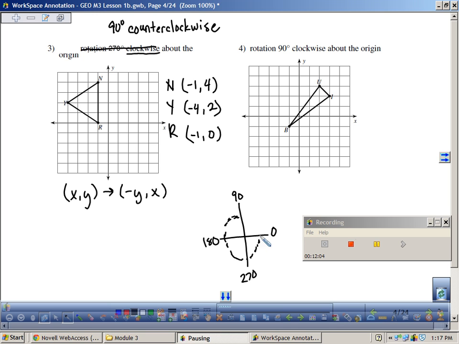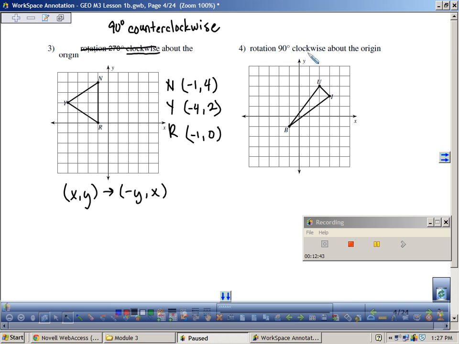So if I decide I'm going to start going backwards, and I go backwards 270 degrees, where am I really at? If I go backwards on my graph, where did I end up? Okay, so now we're clear about our 90 and 270. Fantastic. Thank you for all of your help, guys.